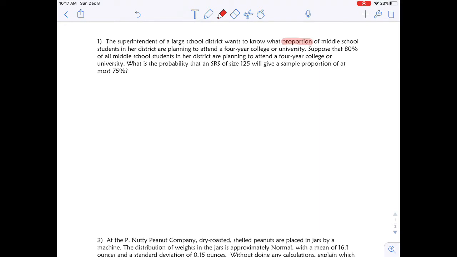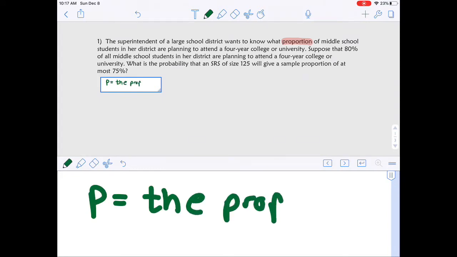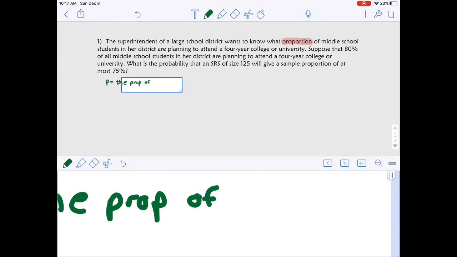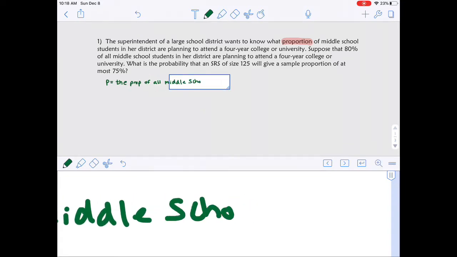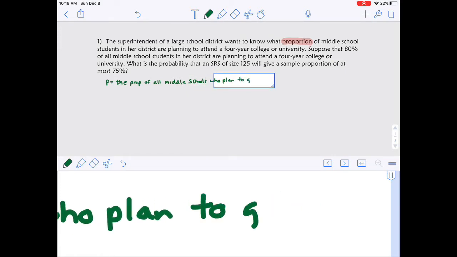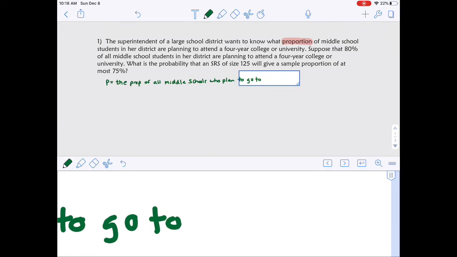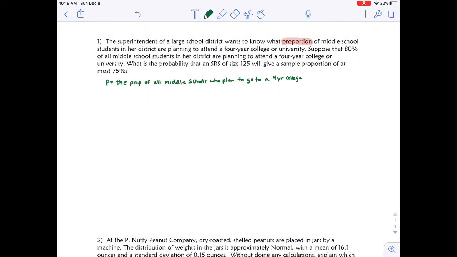Okay, so what we'll be collecting in this case is the proportion of all middle schoolers who plan to go to college. Okay, so now that we've defined that, we have a proportion.